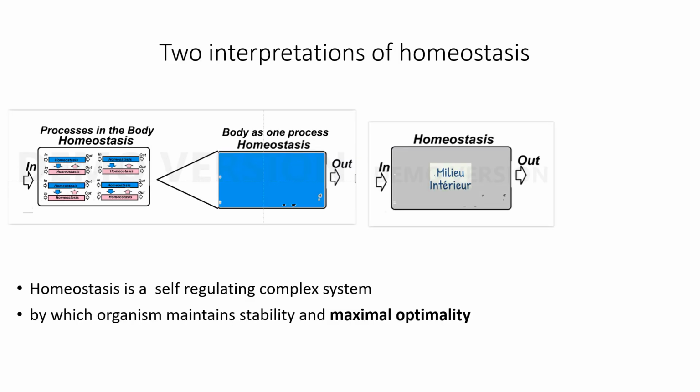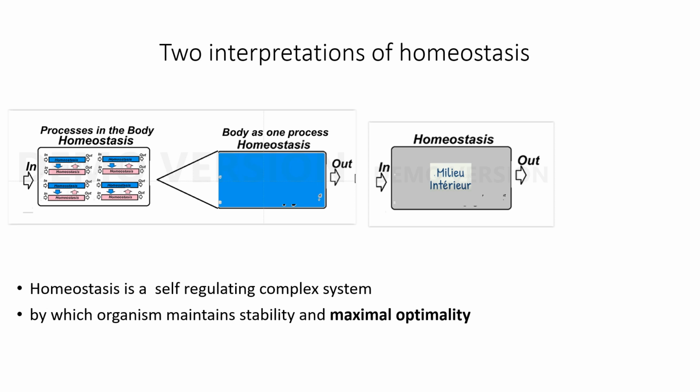So here are the two interpretations of homeostasis. We have one, the set of processes, and in this interpretation we are interested in the homeostasis of processes, and these processes are maintaining homeostasis.